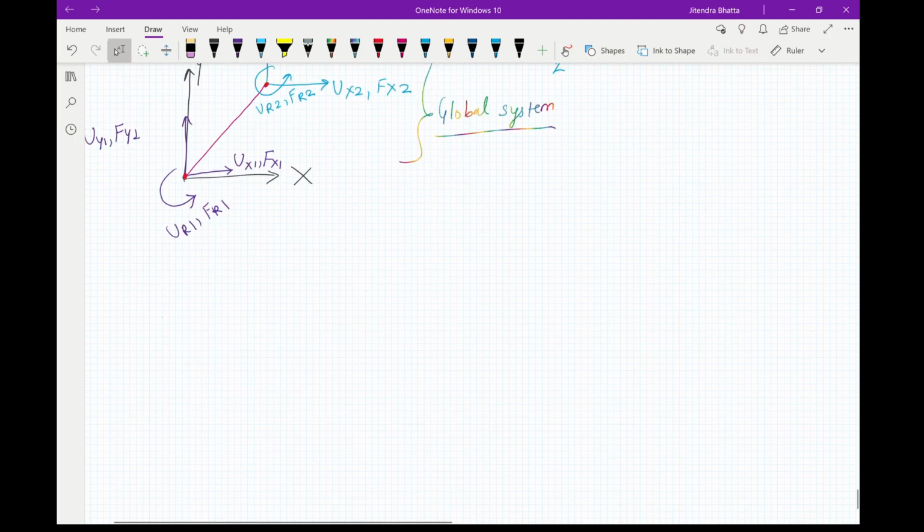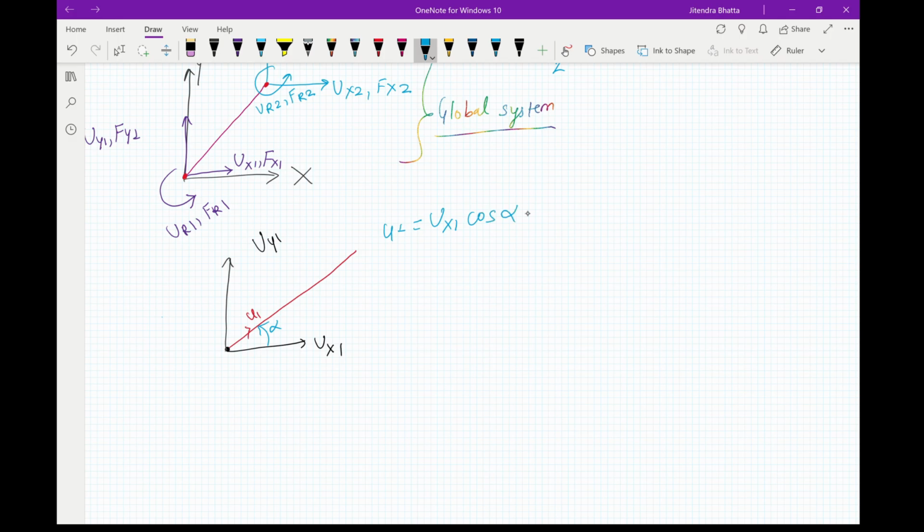As we did in truss, we have to resolve all the global forces and displacements into the local system. For example, if we have a beam like this, and globally we're applying Ux1 in this direction and Uy1 in the vertical direction, and the angle here is alpha, and you know that this direction here is u1 locally, then your u1 will be equal to Ux1 cos alpha plus Uy1 sine alpha.